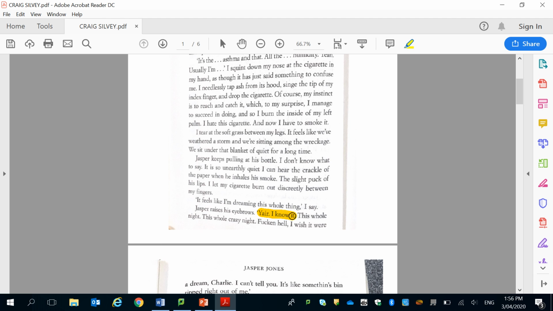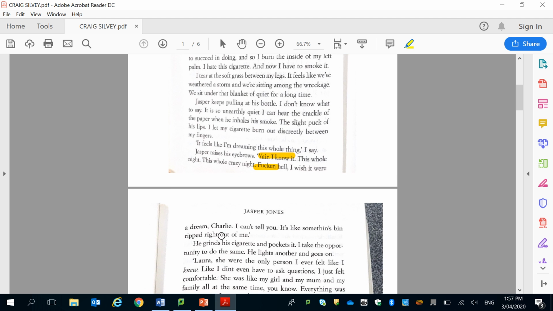Okay, so having a look at the way that the author has written that there, it seems as though his pronunciation as a character is very different to Charlie's. Okay, and he has a particularly strong accent. Yeah, this whole crazy night, and then we've got the use of profanity here as well.